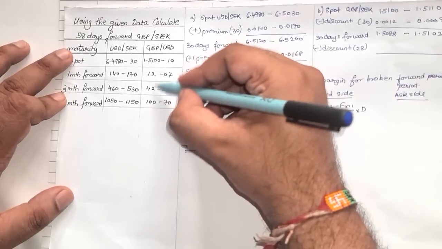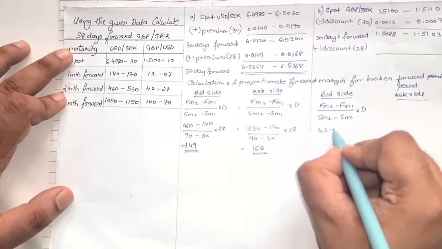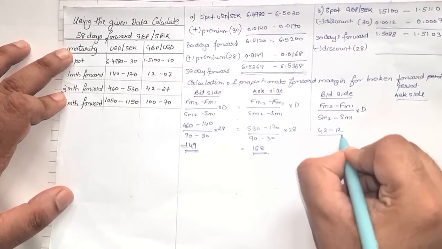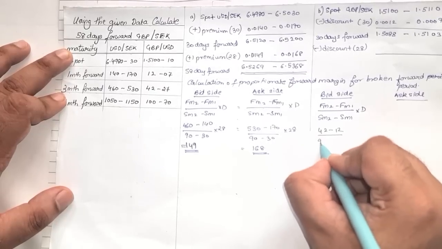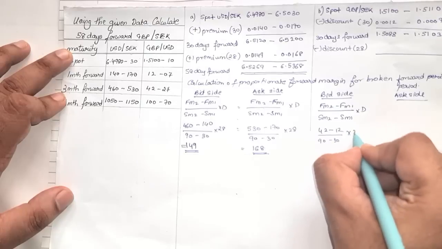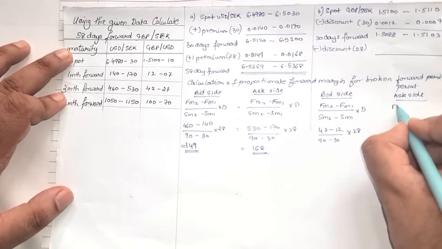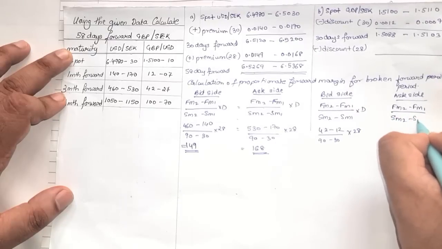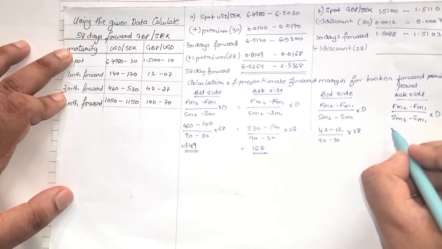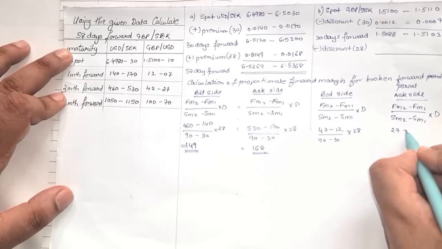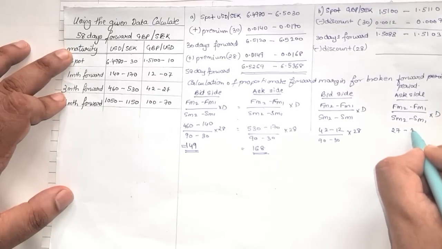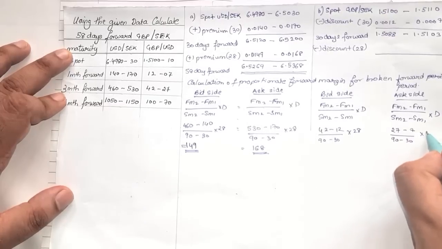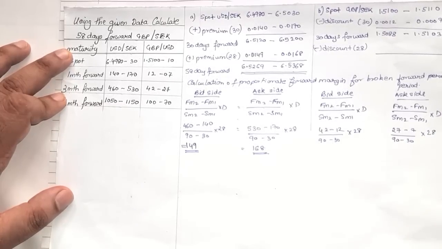Now the bid, this is the bid side, so it will be 42 minus 12 upon 90 days minus 30 days into 28 days, and from the ask side it will again be fm2 minus fm1 upon sm2 minus sm1 into the days, which is 27 minus 7 upon again 90 minus 30 into 28 days.